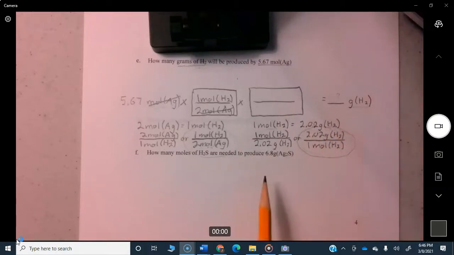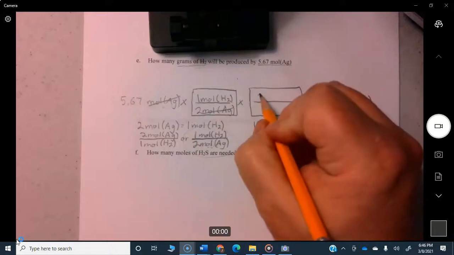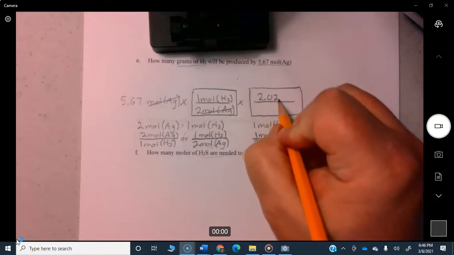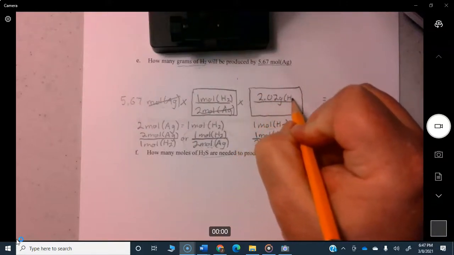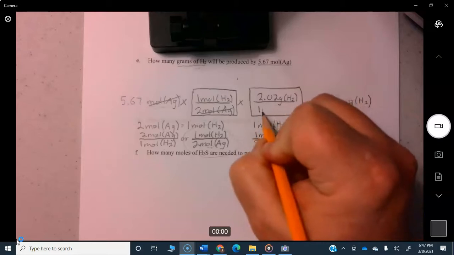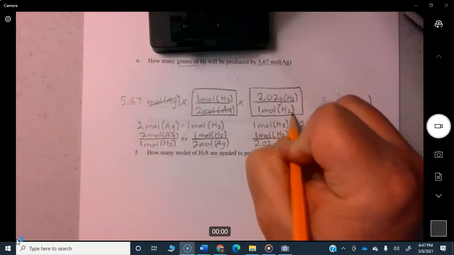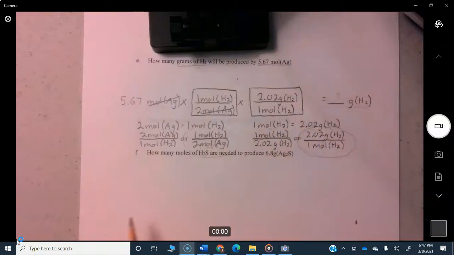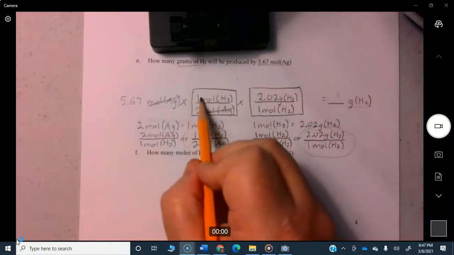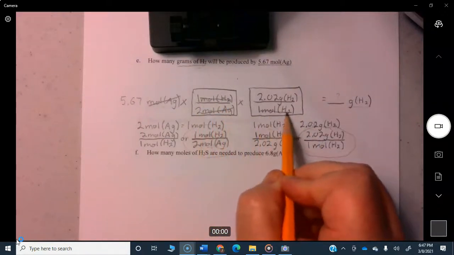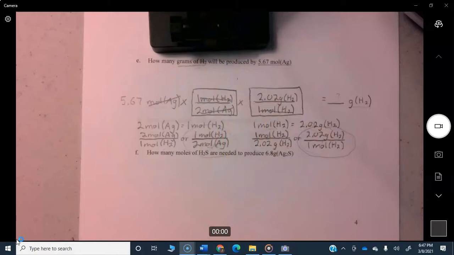Now this time you have two reasons. Let's go ahead and write it first. Okay, so there it is, that one right there. So two reasons. One is that moles of H2 cancels with moles of H2. You need that to cancel out because moles of H2 is not in our final answer.